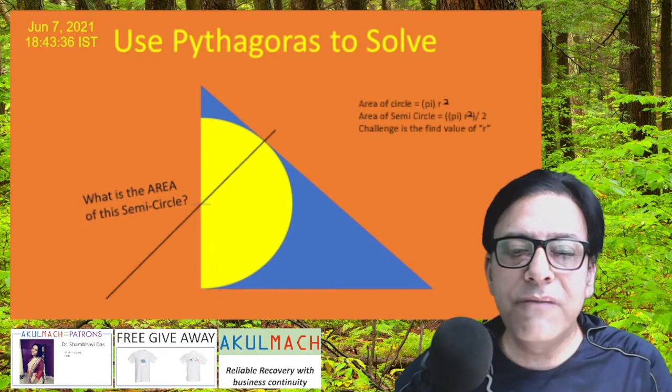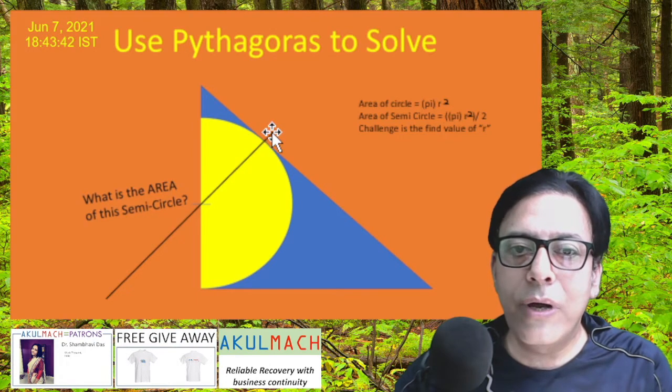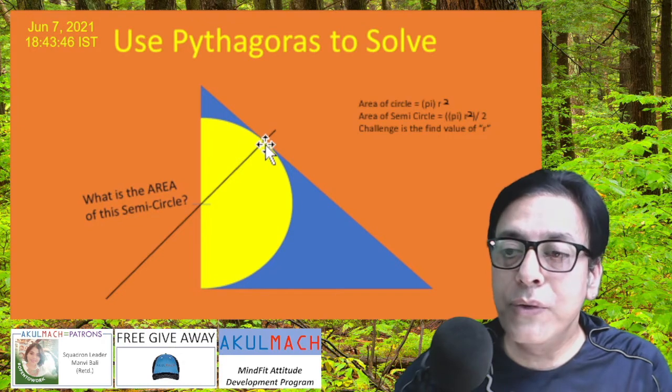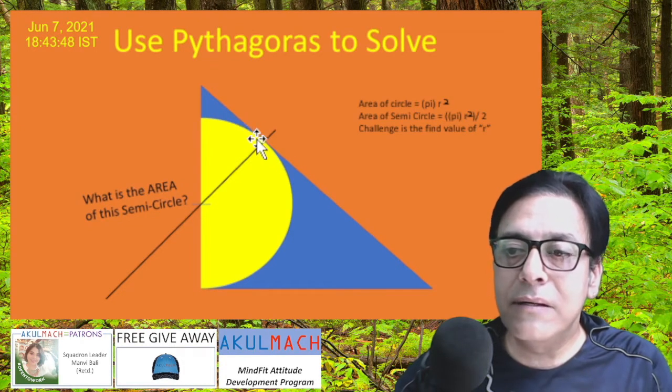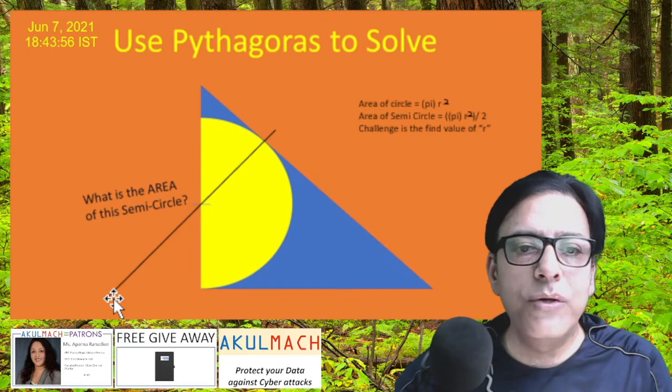So I think the first thing we need to do is use this particular point where the circle touches the hypotenuse, or the longest side of the triangle, draw a line that intersects the focal point of the circle, and continue all the way down below the base.